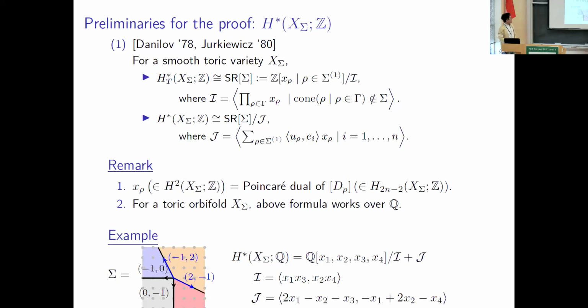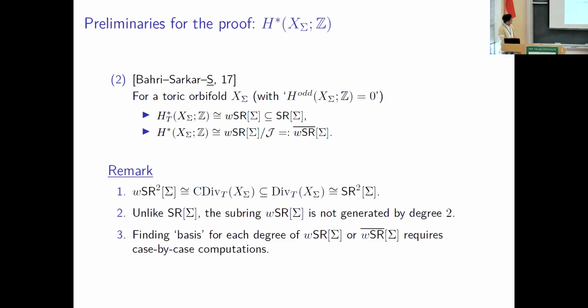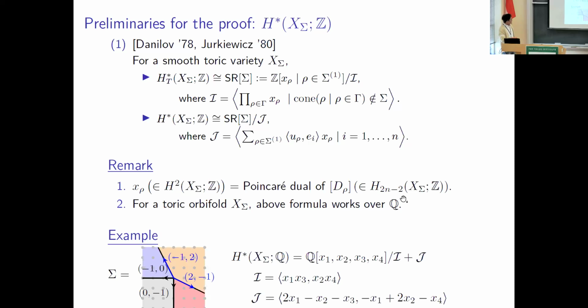So for instance, the fan which I showed you in my previous slide is an orbifold. Over rational coefficients, we can easily obtain the cohomology ring structure this way.